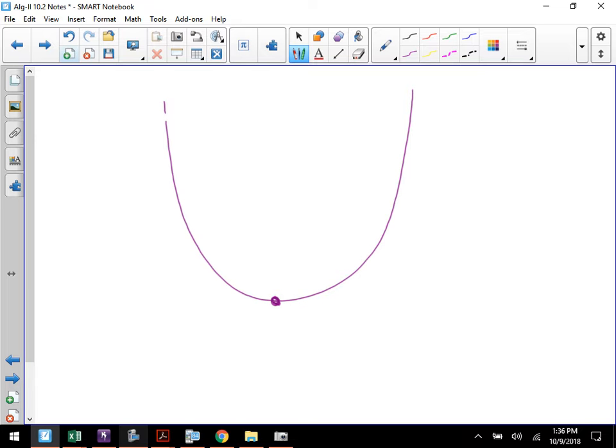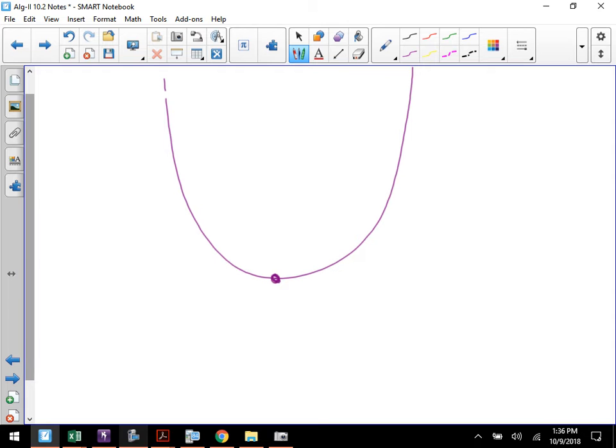So the vertex is located there. That parabola opens upward. That parabola is looking at some value floating out here called a focus.